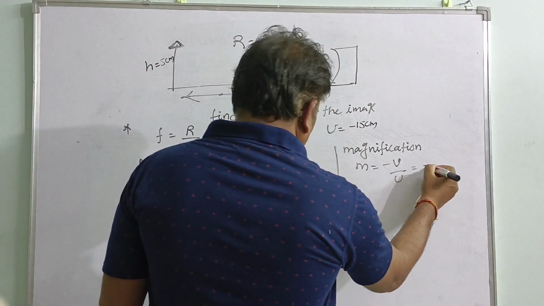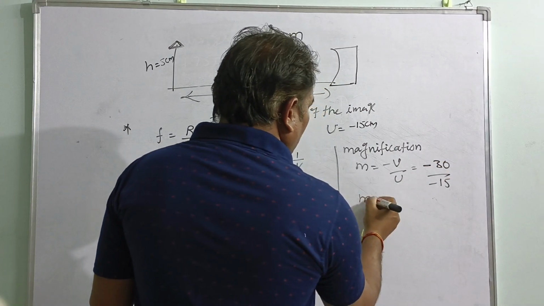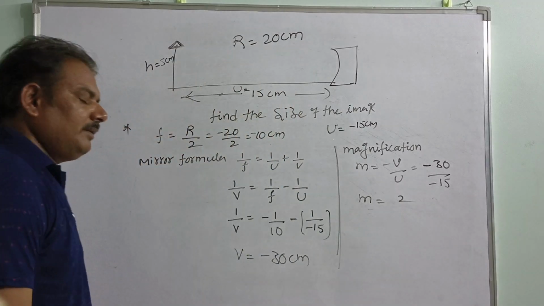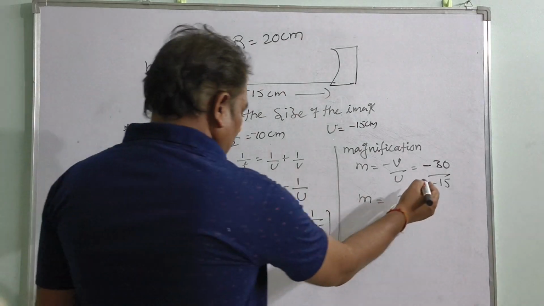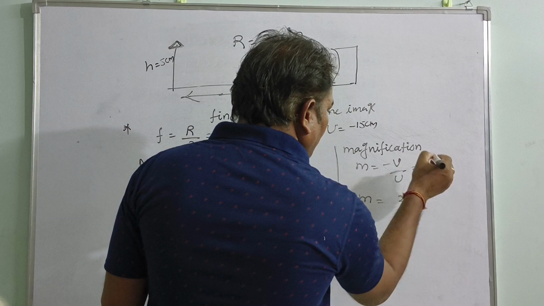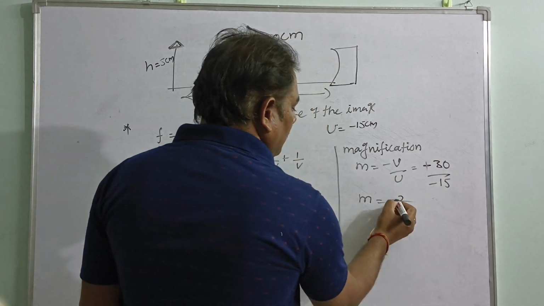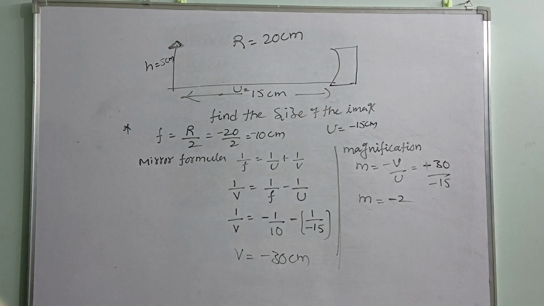So this is equal to minus 30 by minus 15. So m is equal to 2. Magnification has no units. Already minus 30 and minus 15, there is a minus here. Minus into minus is plus, and here the minus comes. So magnification is minus 2. What is asked is the image formed.